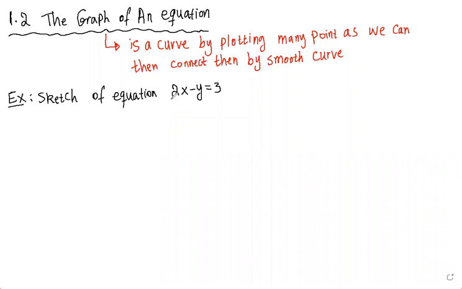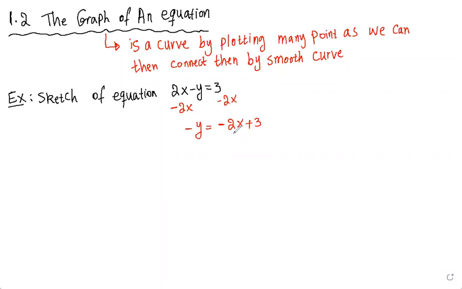So first, when we see an equation like that, the best thing is to solve this equation in terms of y. This means we have to make the equation y equal something. So what do we have to do here? We subtract 2x from both sides, right? Then 2x with the minus 2x is cancelled. So we get here minus y equals minus 2x plus 3.